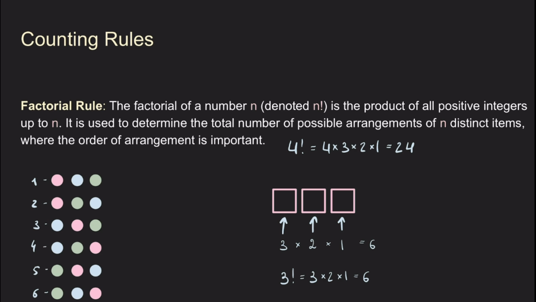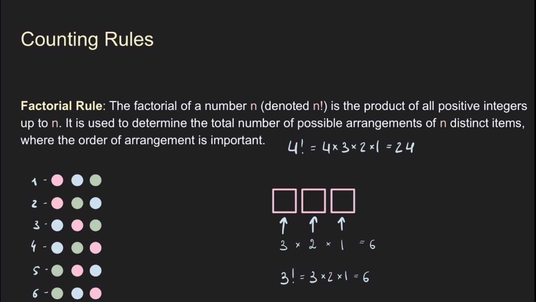How can we come up with the formula to calculate all different arrangements? We have 3 places where we can put our balls. For the first place, there are 3 different balls that we can put there, so we can put either red, blue, or green. Then we have 2 spaces left and 2 balls left.